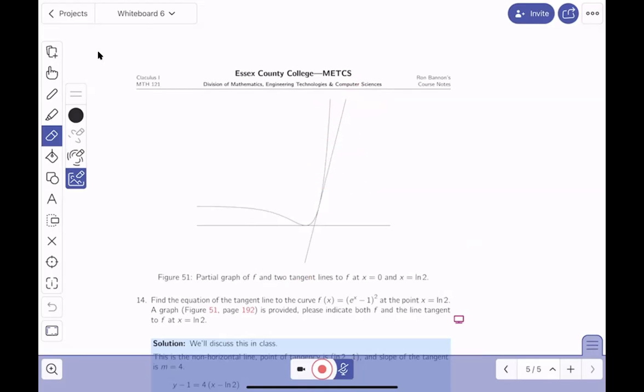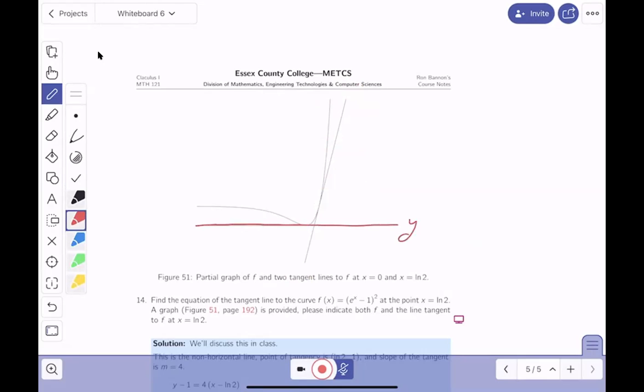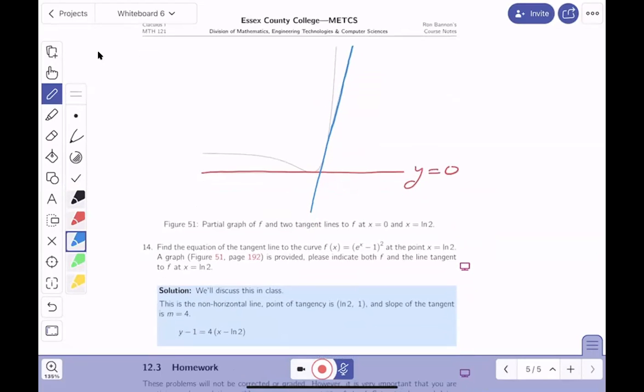I apologize. I screwed up that graph to no end. This is the line y equals 0. And this is the line, let me write down what that line is over here: y minus 1 equals 4 times x minus ln 2.